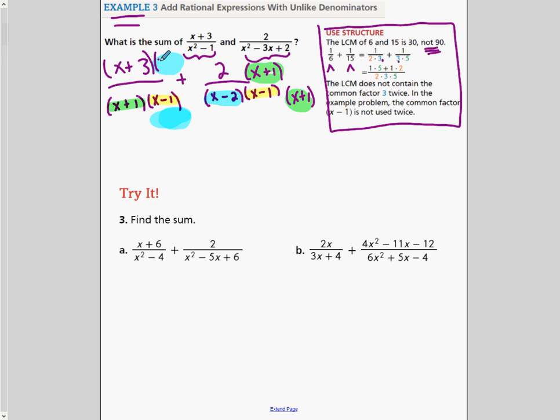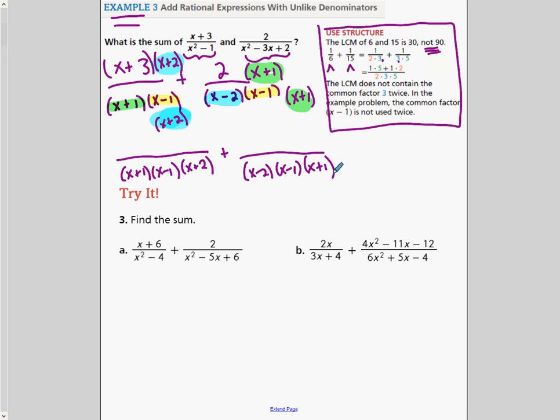So now both fractions have all 3 factors: x plus 1, x minus 1, x plus 2. And the other one has x minus 2, x minus 1, and x plus 1. So everybody's here. We have all 3 factors in both denominators.